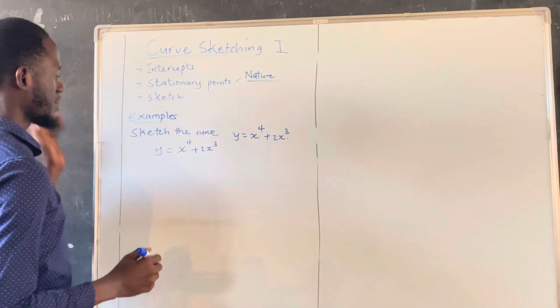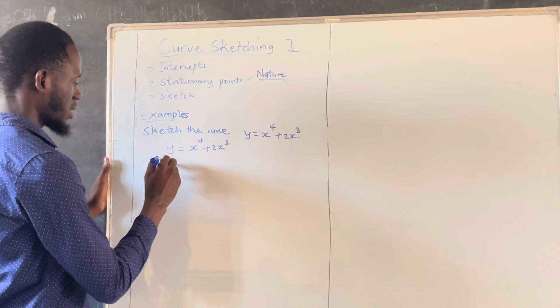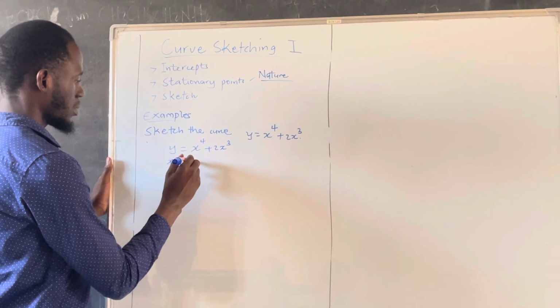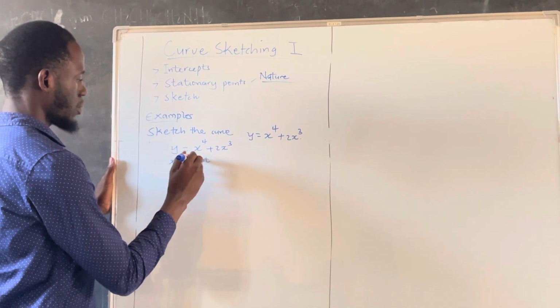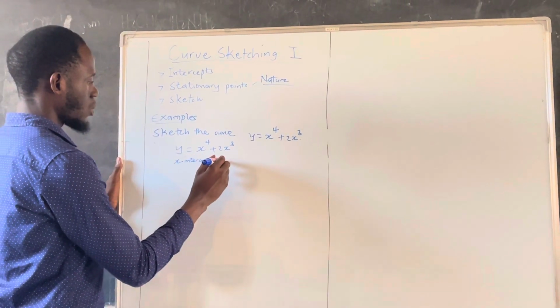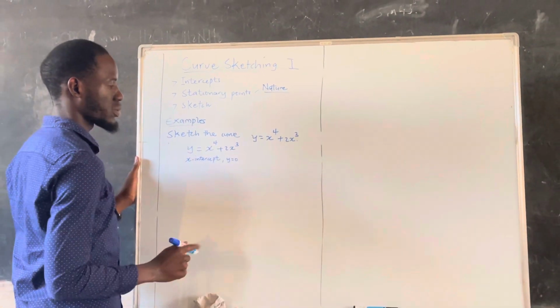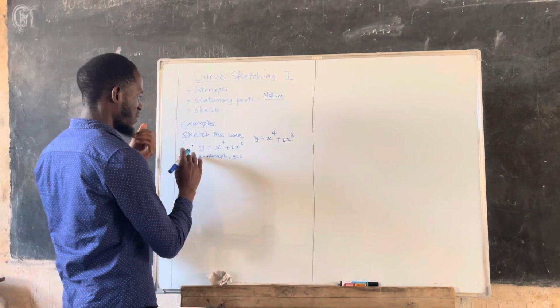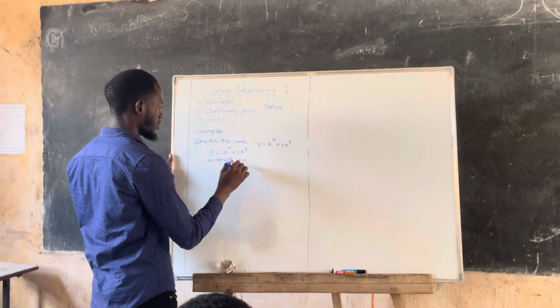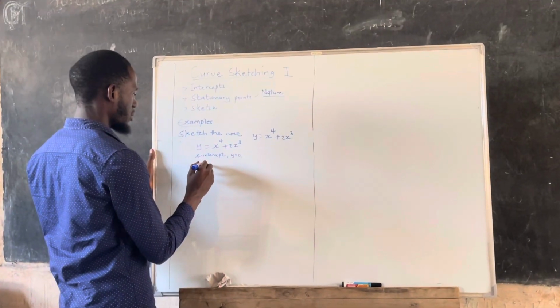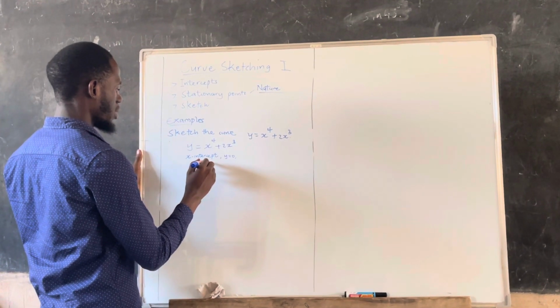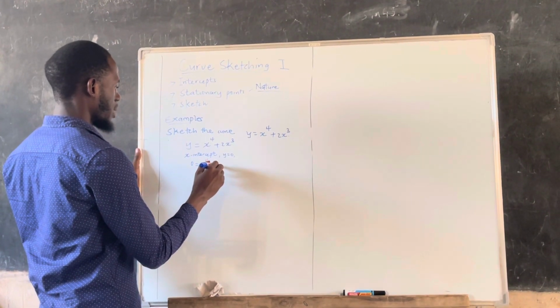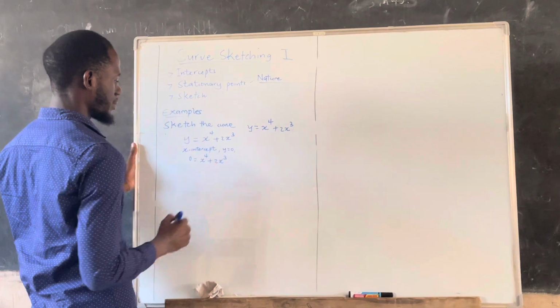And getting the intercepts, we can start with the x-intercept. At the x-intercept, or at the x-axis, y is equal to 0. If y is equal to 0, this means that wherever there is y, we are going to put 0, and we shall have 0 is equal to x power 4 plus 2x cubed.